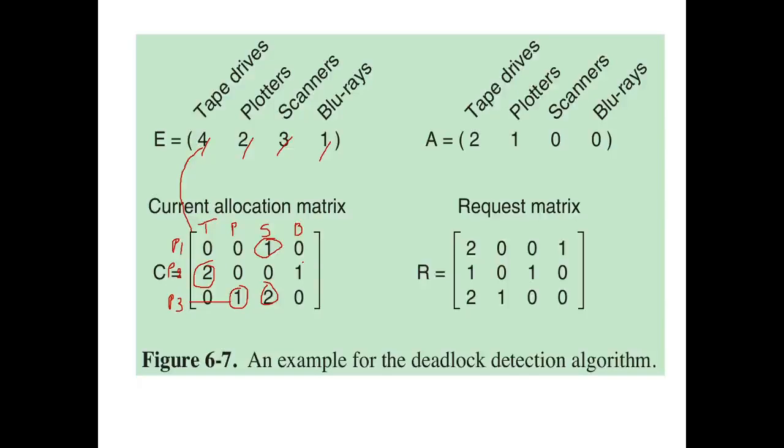You can see here 1 Blu-ray is allocated to process P2. So from this matrix we understood which process has which resource. So processes P1, P2, P3 have been allocated some resources, and now again they are requesting some new resources.